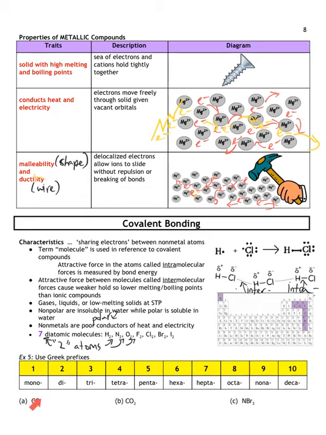So let's look at the first one. Here you have 1 carbon. Never use mono for that first element, so you call this carbon. Now the second element, you can use mono. So this is called carbon monoxide.